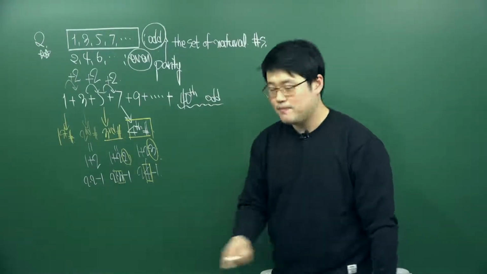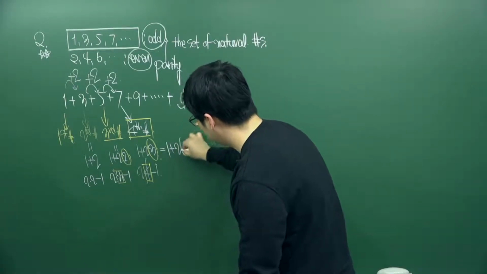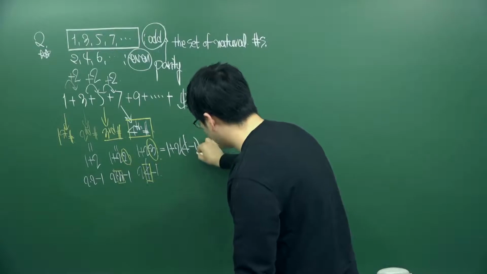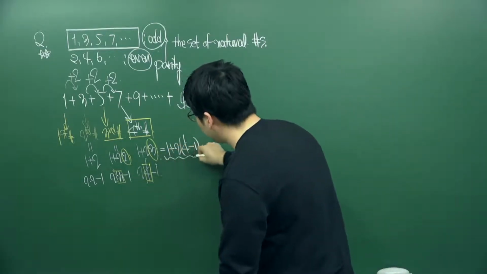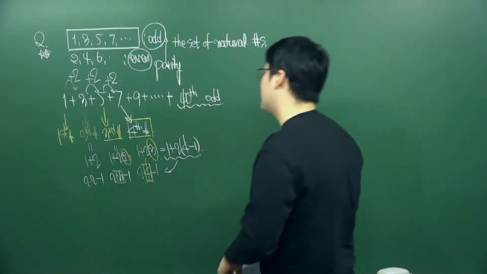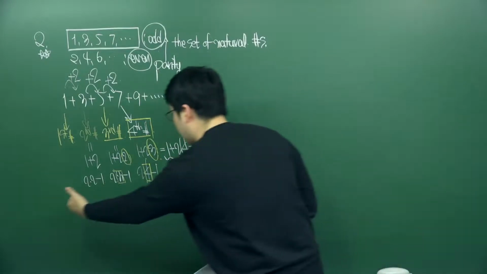So maybe I could have written it like this. And by the way, I haven't taught you this yet, but if you simplify this, you're going to get that expression. But let's choose the second line of thought, okay?